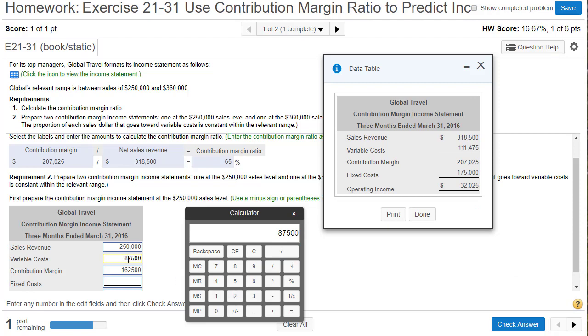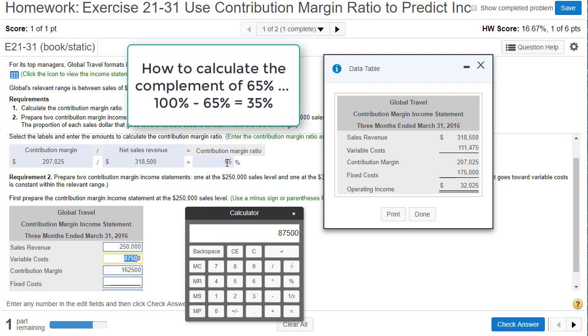Now, there is another way to calculate the variable costs. If the contribution margin is 65%, then the variable costs have to be the complement of 65%. To calculate the complement, you take 100% and subtract 65%, which gives us 35%.